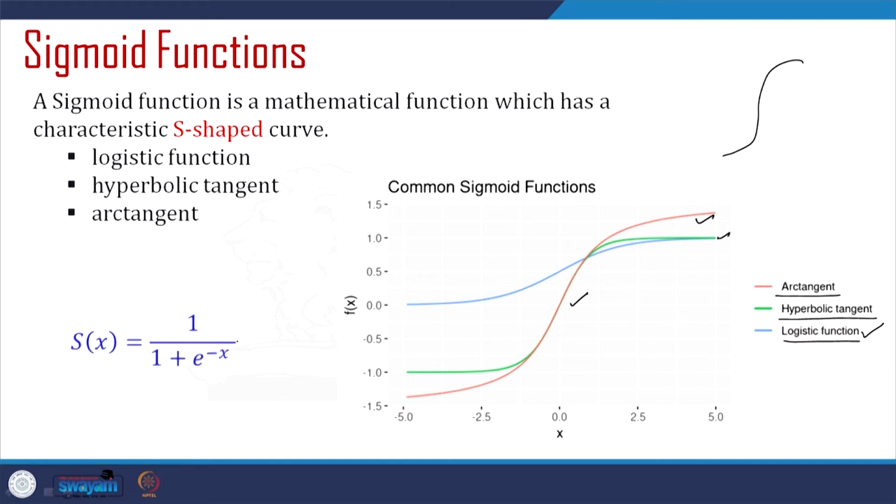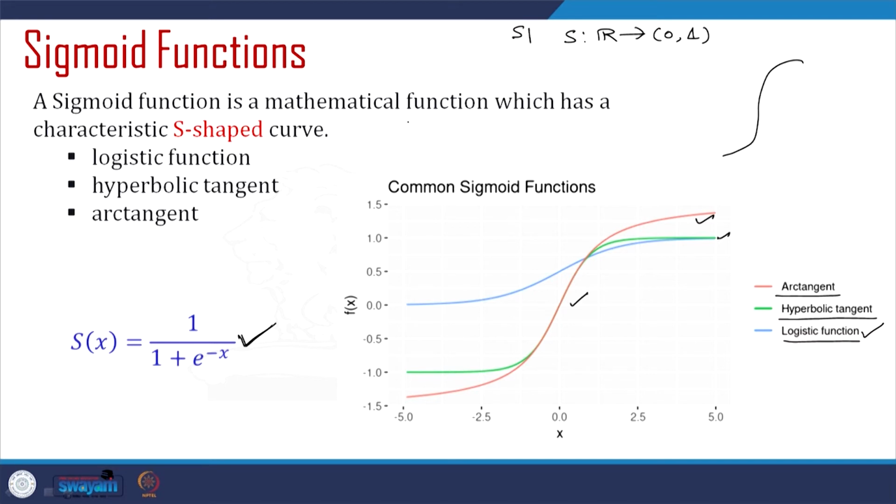The definition of the function is like this. Here S can be considered a function from the set of real numbers to (0, 1). Why (0, 1)? Because if you take any value of x from minus infinity to infinity on the real line, you will get the value of S(x) between 0 and 1.